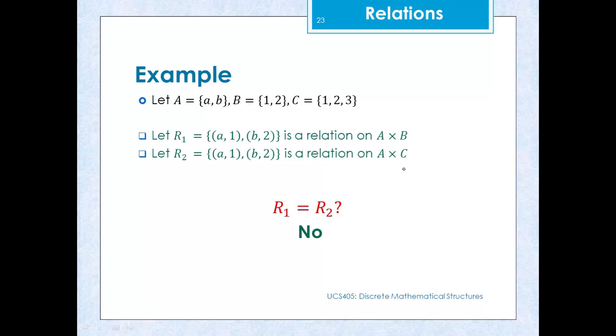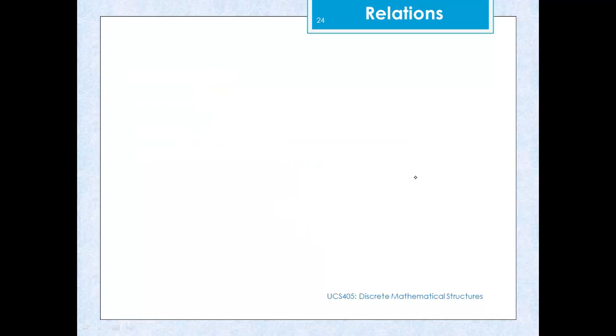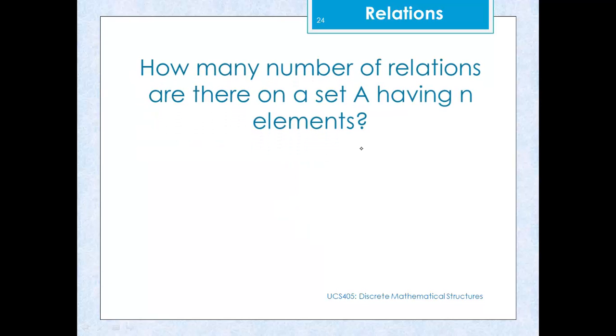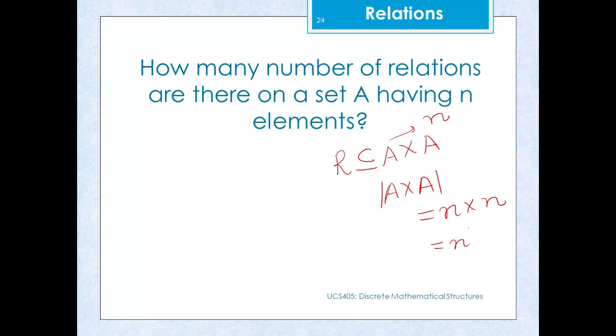I would like to ask one question. How many relations are there on a set A having n elements? Let us see how we can solve it. We know that a relation R is a subset of the Cartesian product of the set. So if a relation R is defined on a set A, that means R is a subset of A cross A. And if set A has n elements, then the number of elements in A cross A should be n cross n, or we can write it as n square.